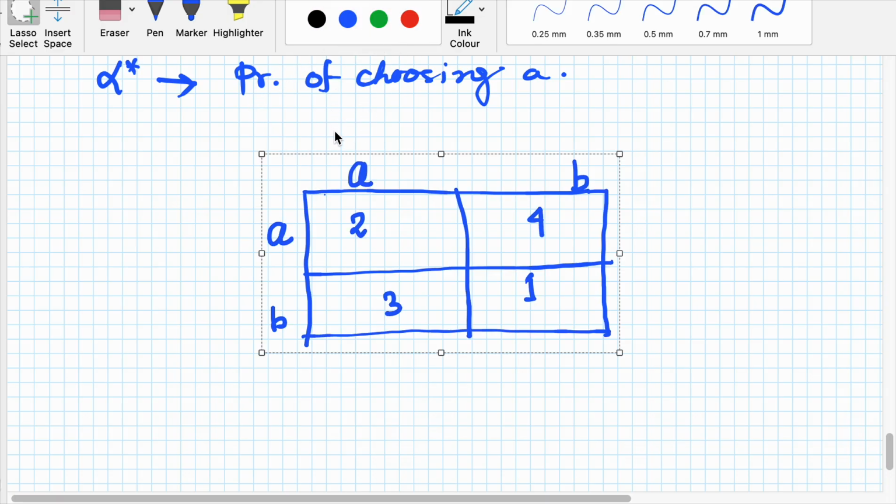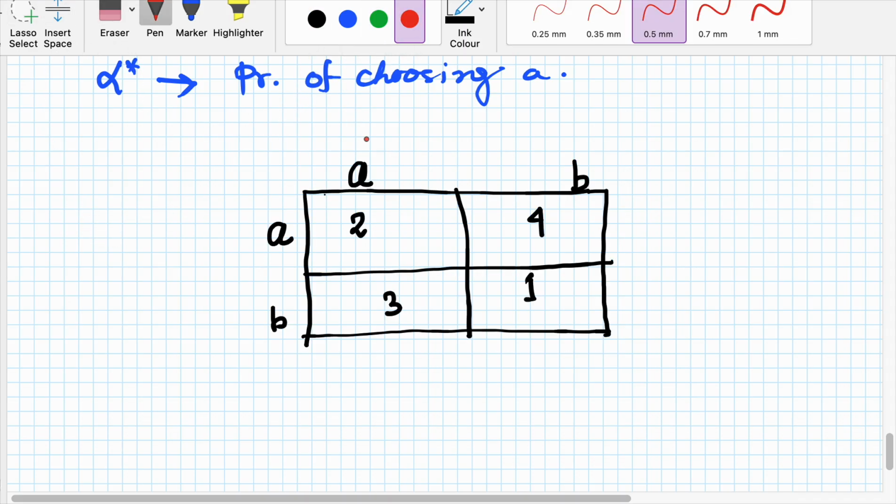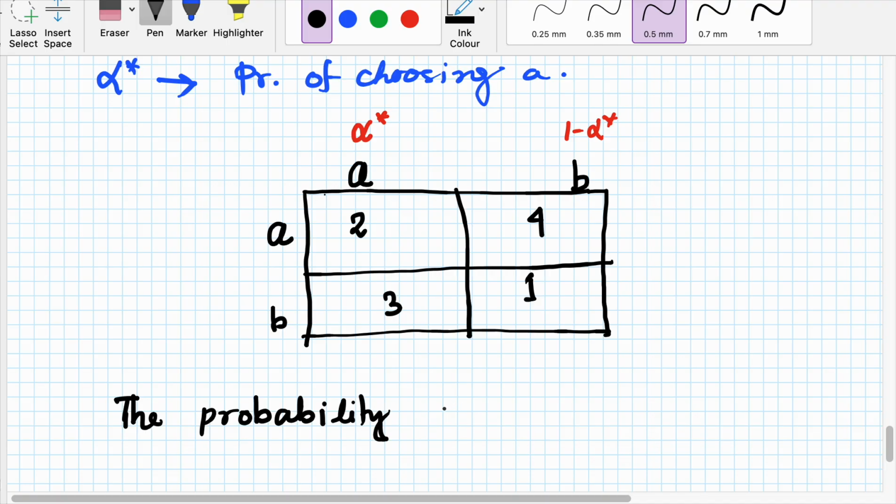the actions or the strategies in the sampling equilibrium are alpha star and 1 minus alpha star. If it is the sampling equilibrium, then one property should hold. This is the probability of the sampling equilibrium, the probability of choosing any action.